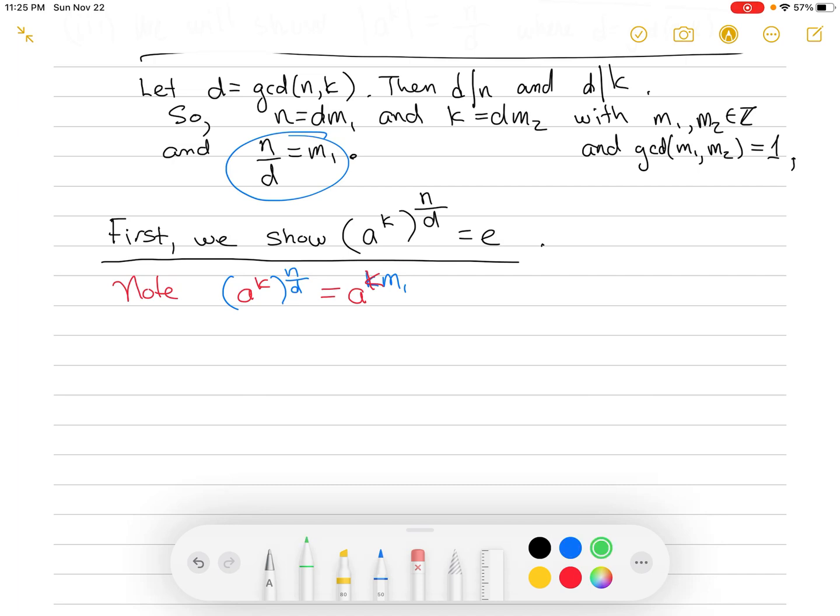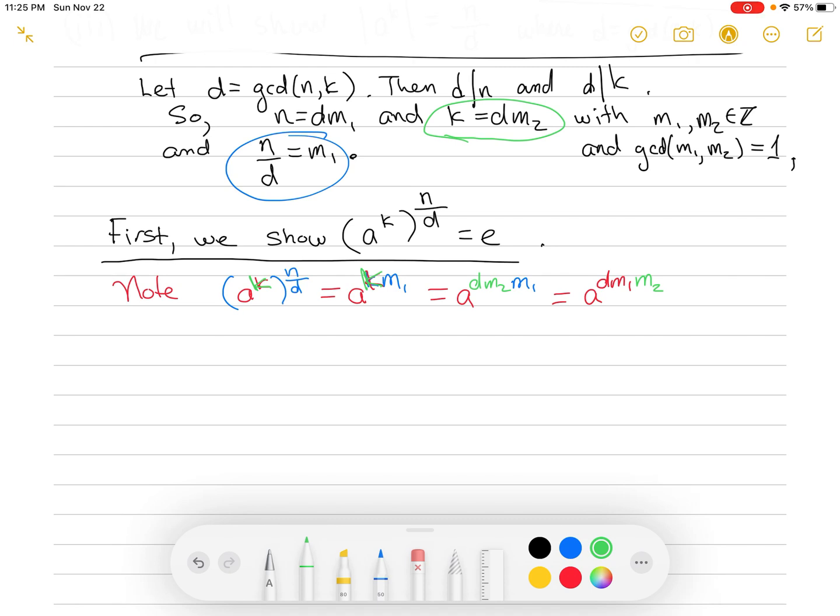Okay, so what's another name for k now? Another name for k here is dm2. So I'm going to replace this k with dm2. So I'm going to have a to the dm2 times m1. Now I'm going to switch out the m2 and the m1. I'm going to have a to the dm1 m2.